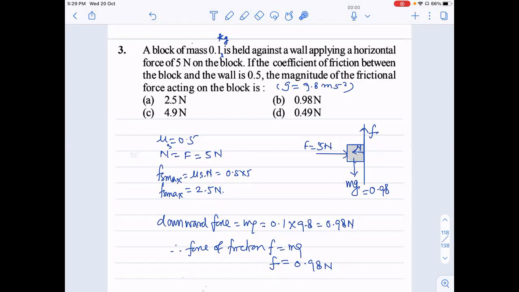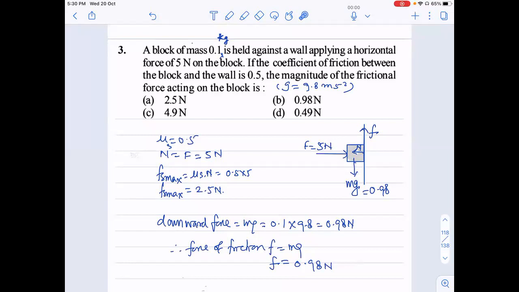Here what you tend to write is 2.5, which is not correct. 0.98 is correct. If you say it is 2.5, it will be wrong, because 2.5 upward and only 0.98 downward force, the block should start moving upward, which is not happening. So friction will be the same as whatever the weight is.